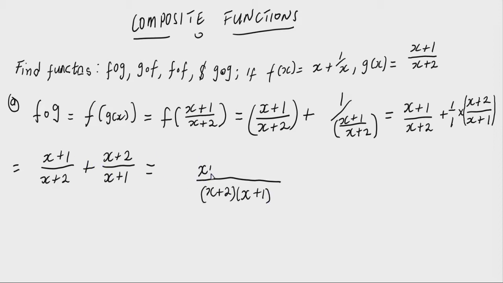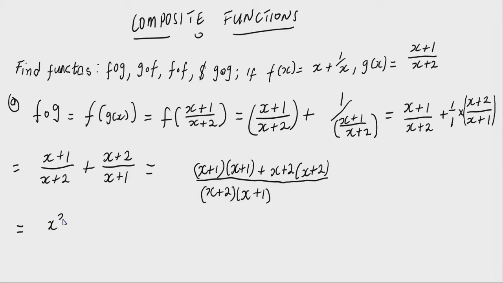X plus 1 times X plus 1 plus X plus 2 times X plus 2. Again, if this process is not clear, you can look at the fraction video that I did that explains how to do all of this.